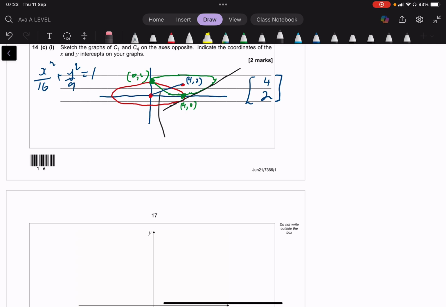And can you see it must be parallel to the translation vector? So the translation vector was 4 across and 2 up, so the gradient of that, and hence the gradient of the tangent, is 2 over 4, which is a half.